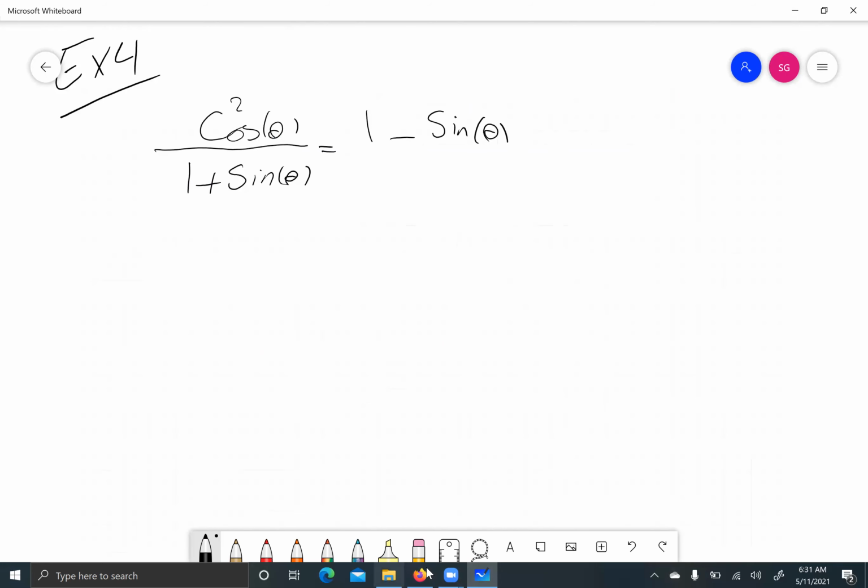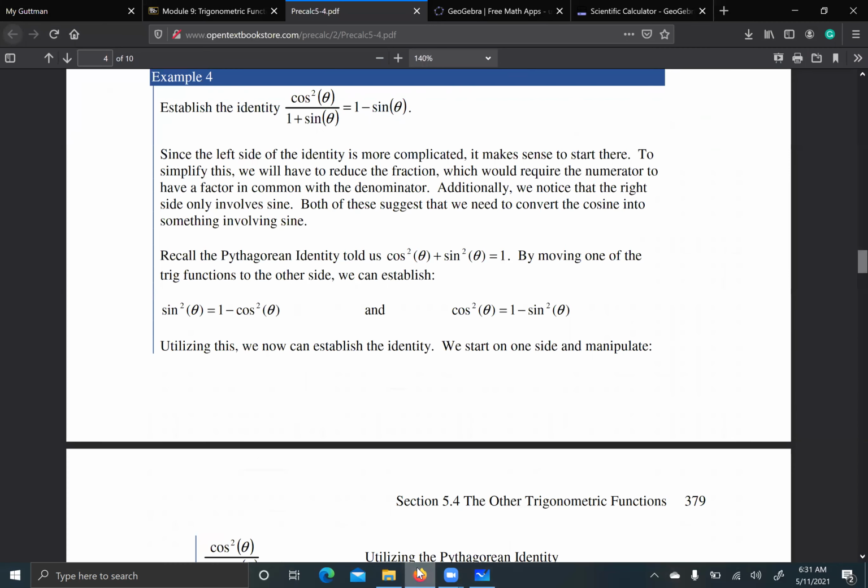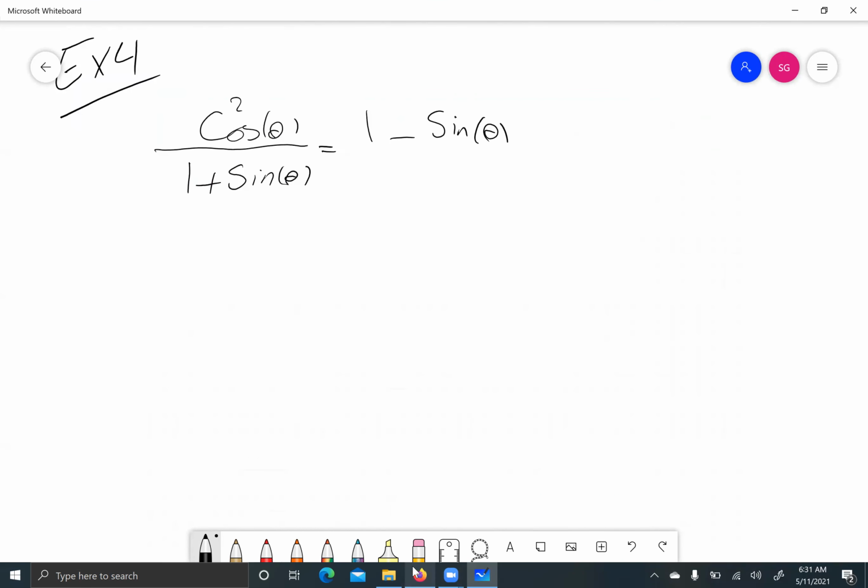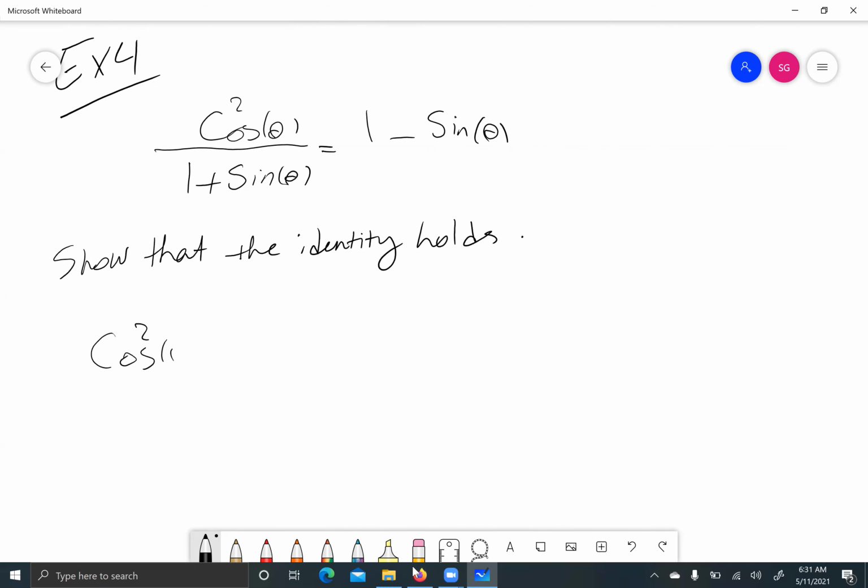The question gives us this identity and says establish it, show that the identity holds. So I'm going to start from the left side, cosine square over 1 plus sine.